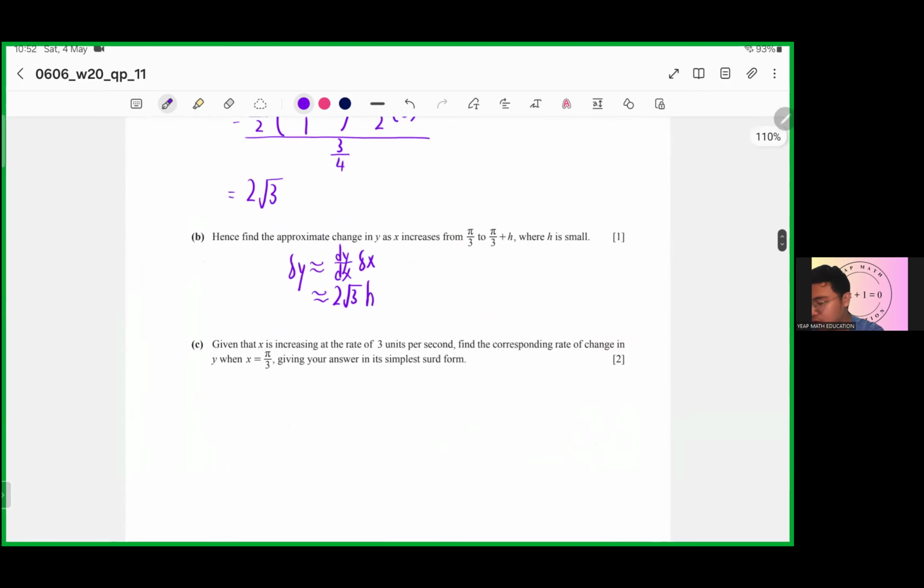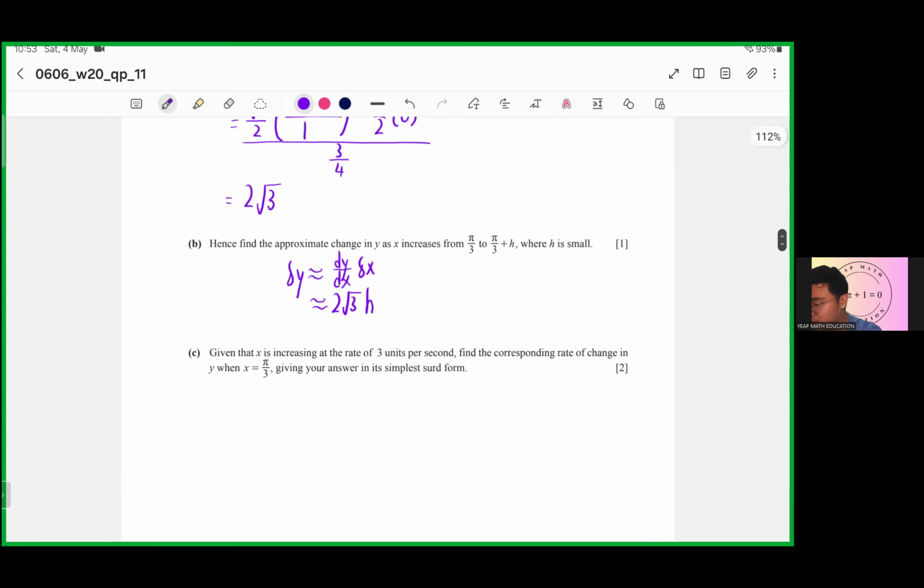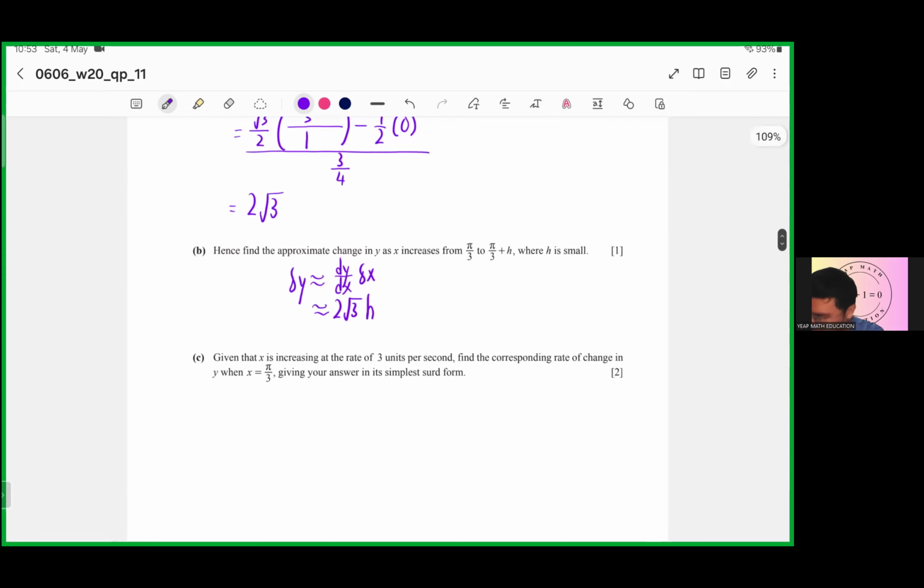Okay. Now we look at question C. Given that x is increasing at the rate of 3 units per second, find the corresponding rate of change in y when x equals 1 over 3 pi, giving your answer in surd form. Now we can write dx over dt equals 3 units per second.